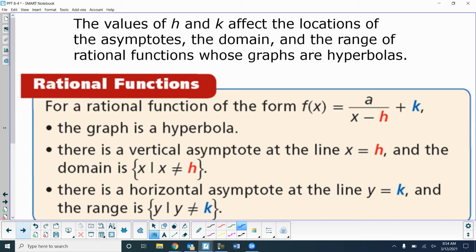If your function is written like this, a over x minus h plus k, with a number, another number, and a third number, then the one we just looked at would have been 1 over x minus 0 plus 0 if we had put the h and the k in there, okay?